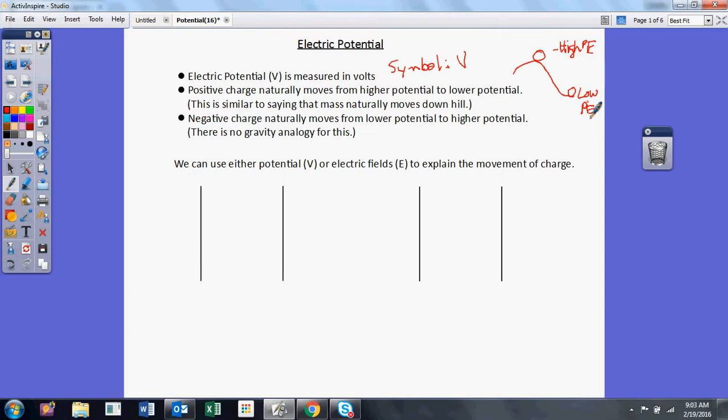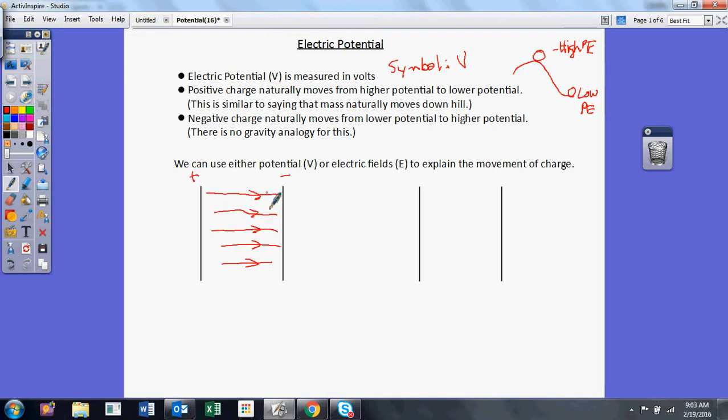We can sort of make that analogy with electric fields. So if you think of two charged sheets like we have here, in terms of the force analogy, we can think of electric field lines. So the electric field lines would be parallel here. They would point away from the positive and toward the negative.